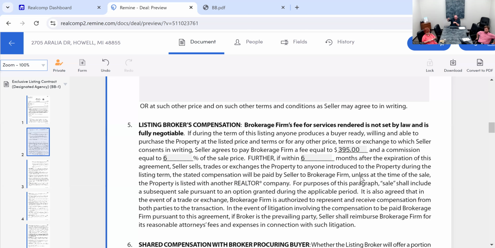Well, that current listing agent is getting the commission. Mhm. And the sellers aren't on the hook to give you the commission, even though that buyer came along during your term. I mean, that would be a very difficult thing to enforce. Okay.